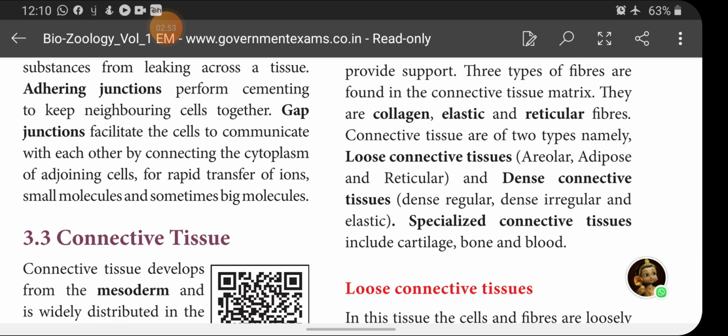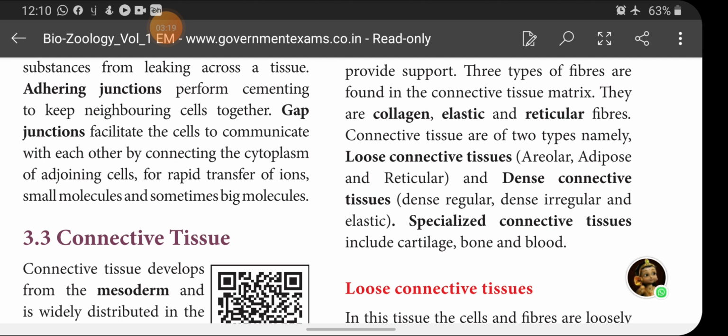So there are three main types of connective tissue: loose, dense and specialized connective tissue. Areolar, adipose, reticular are examples for loose connective tissue. Dense regular, irregular and elastic are examples for dense connective tissue. Cartilage, bone and blood are examples for specialized connective tissues.